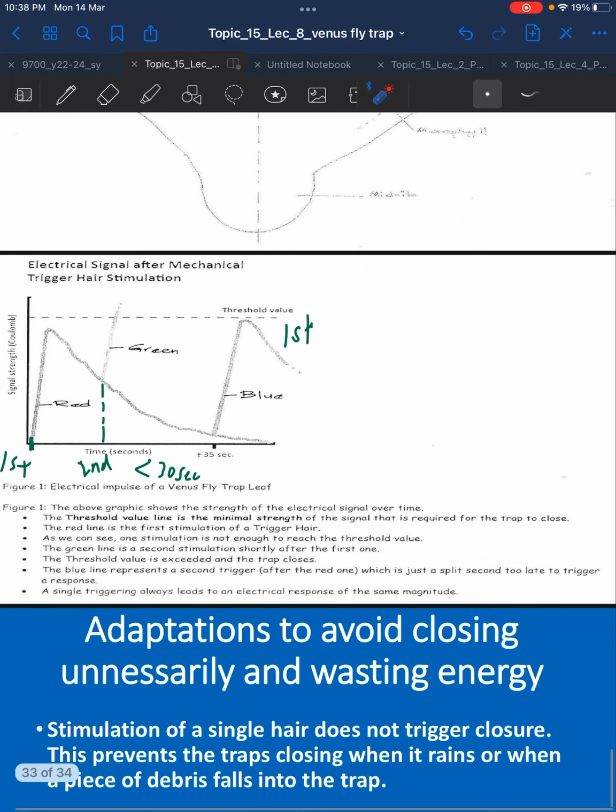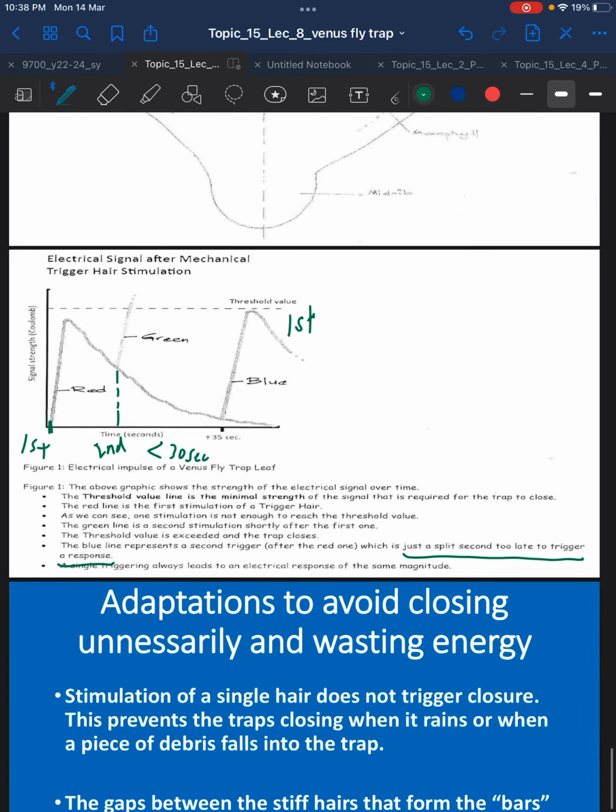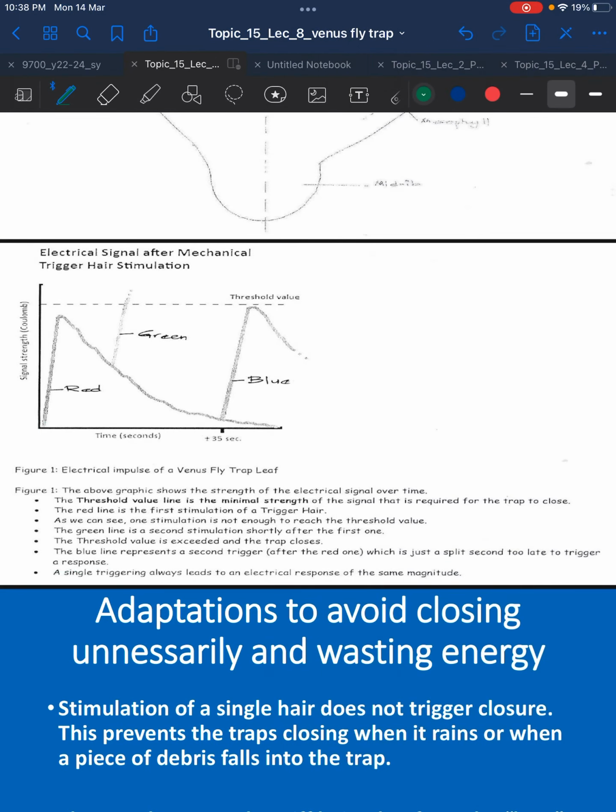See here, the blue line is right here. The blue line represents a second trigger after the red one, which is just a split second too late. It's too late to trigger a response. So if I can just repeat again, there are two scenarios here.